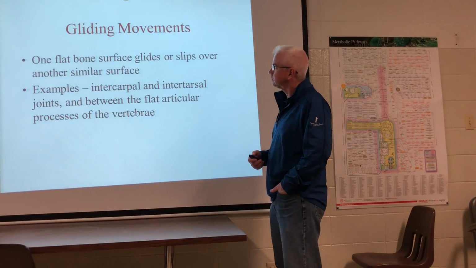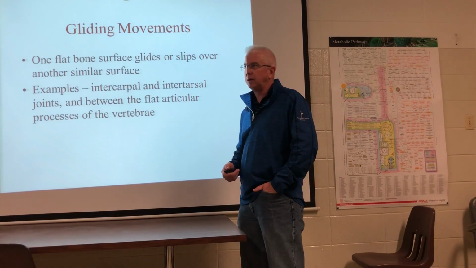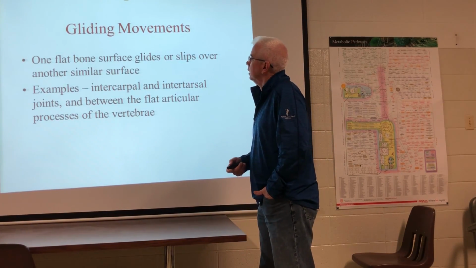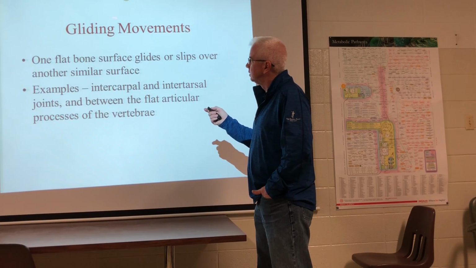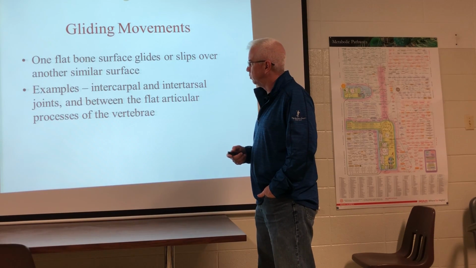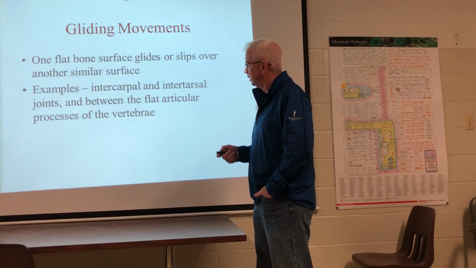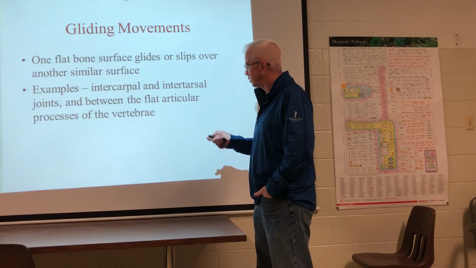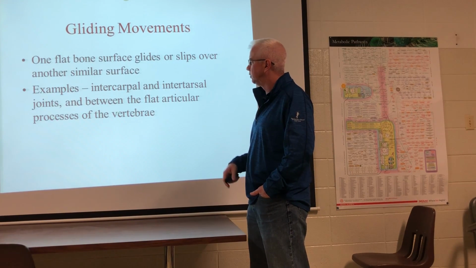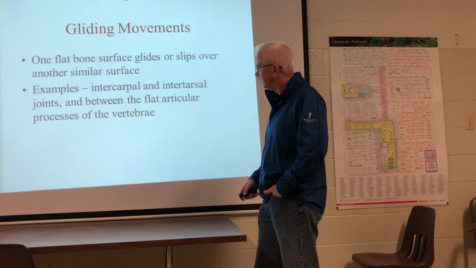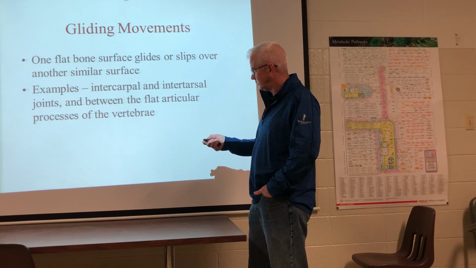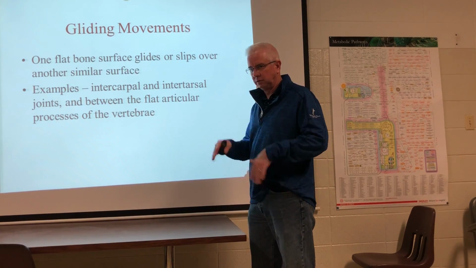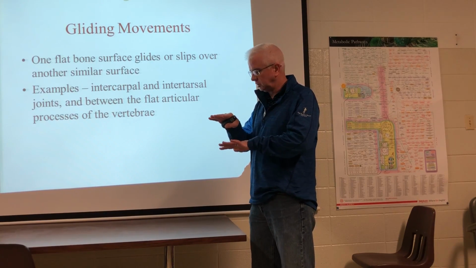All right, let's define the joints and do some actions for you. Gliding motions for joints, students don't normally have a problem with, like the interactions between the carpals and the tarsals, in the wrists and the ankles, or between the flat articular processes of the vertebral bones, where that fibrocartilage is.